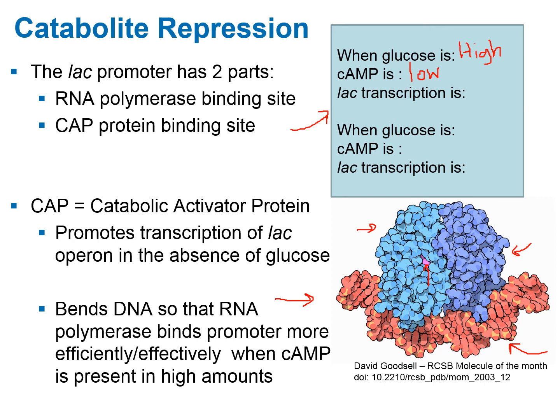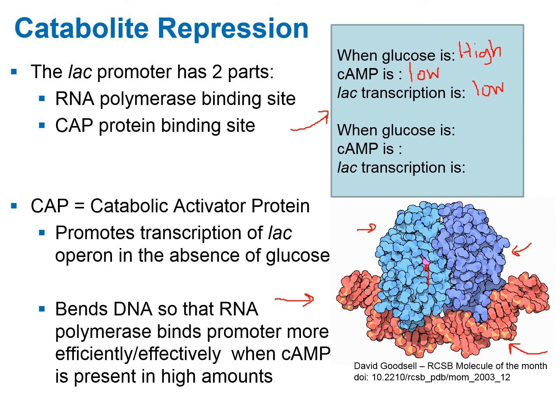So when there's lots of glucose, the cell's not starving, so we don't need a lot of cyclic AMP. How about lac transcription? Lac transcription will also be low. Why? Because without cyclic AMP, the CAP protein doesn't bind the promoter. And if the CAP protein doesn't bind its promoter site, then RNA polymerase can't bind the promoter site. And then we get very little transcription.